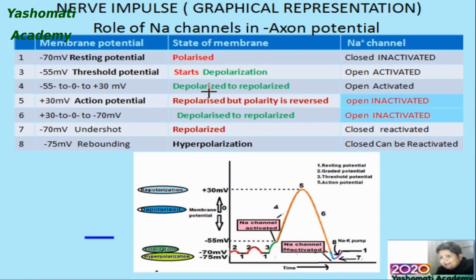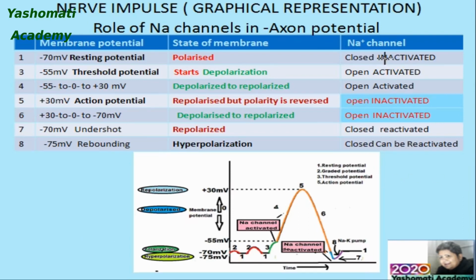So depolarization means the charges are getting neutralized and the potential difference across the membrane is reducing. And repolarization means the potential difference is increasing again and the membrane is getting polarized. So, we will study in this part of the lesson how the membrane gets polarized, how it gets depolarized and how it gets repolarized.